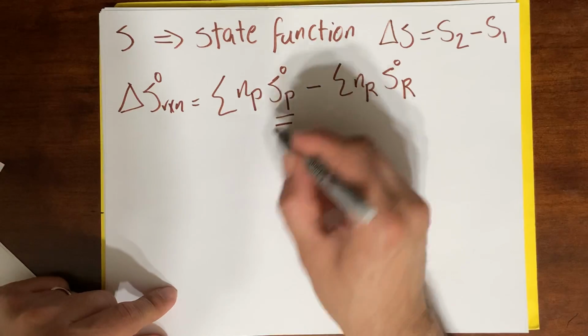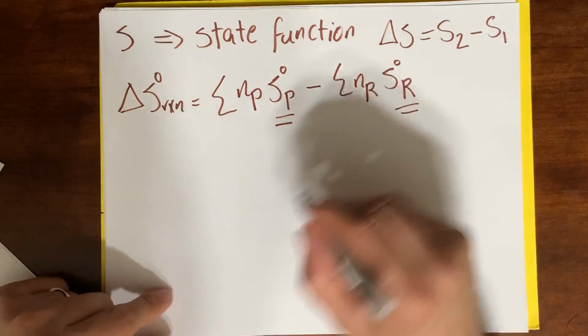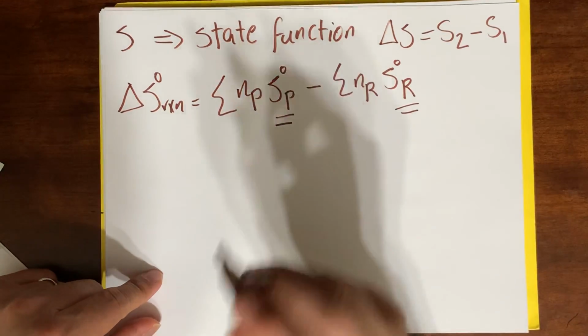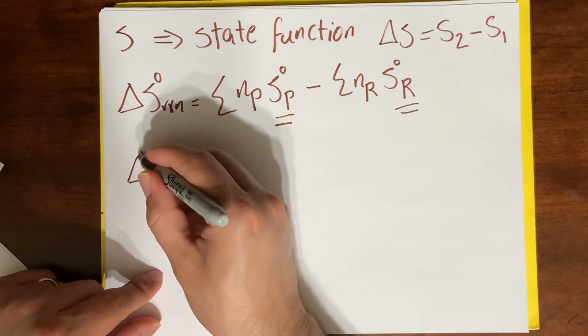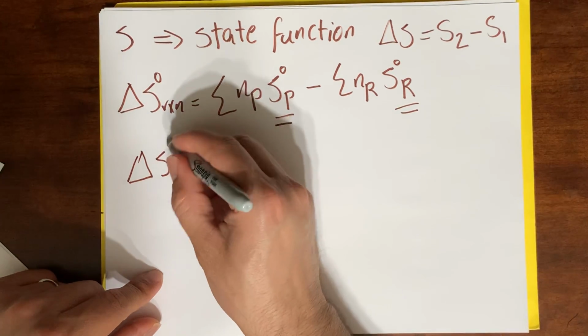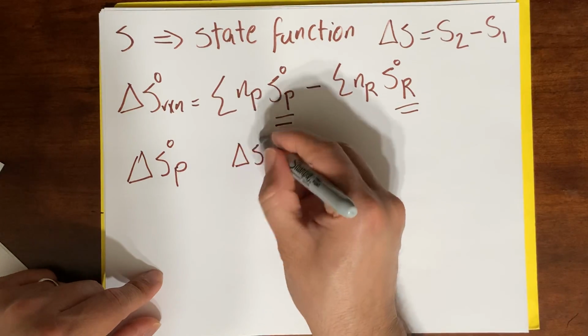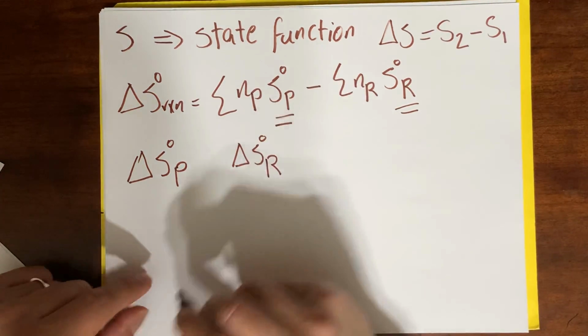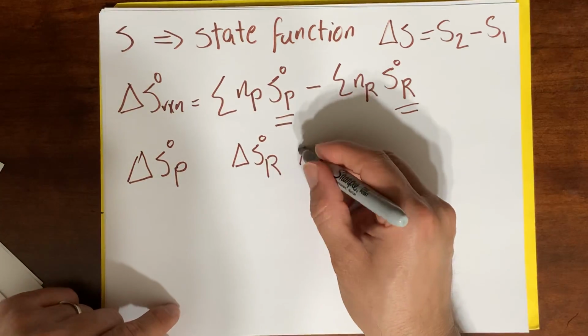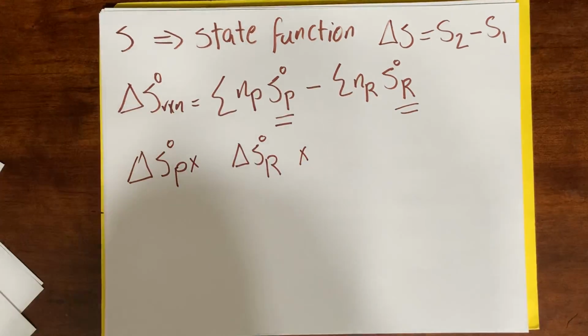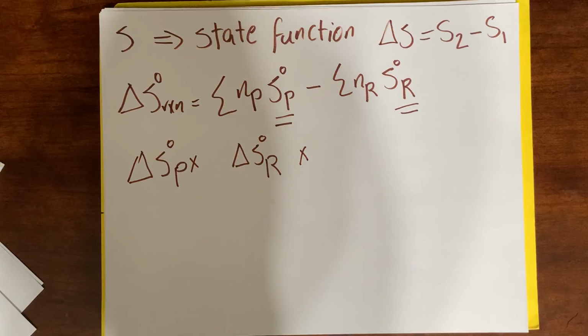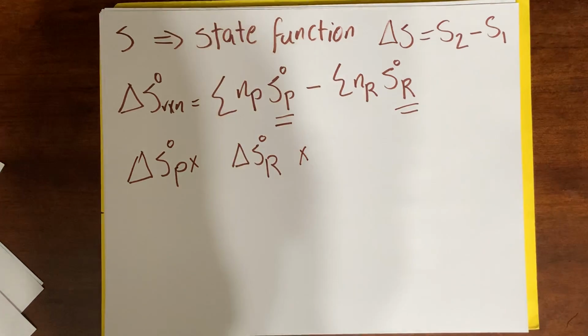Please look at S_P and S_R. I did not say change in entropy of reactant or product. I did not use those two. What's the reason behind that?